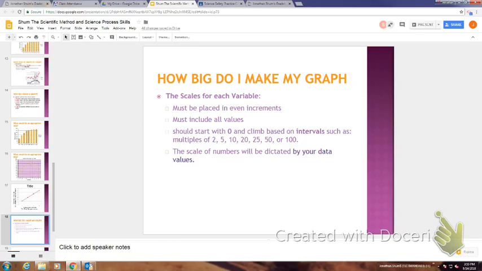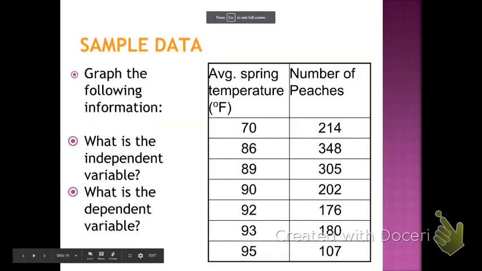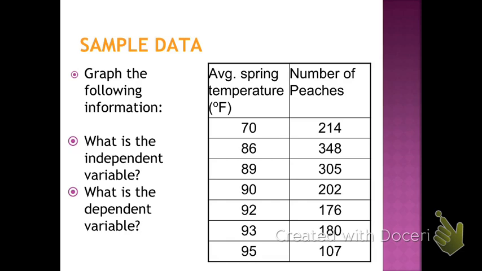Well, let's open this again. All right. So we're going to do a graph together. First of all, it says graph the following information. It says what is the independent variable, what is the dependent variable. So we have the average spring temperature and then the number of peaches. One hint I could give you, and this rule generally works, is the independent variable on the x-axis is usually the first column.